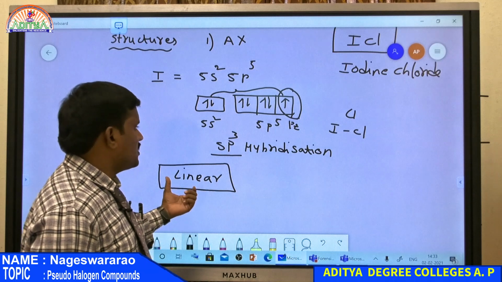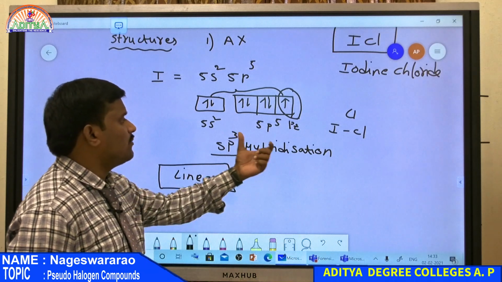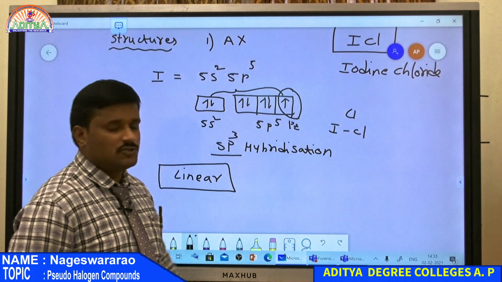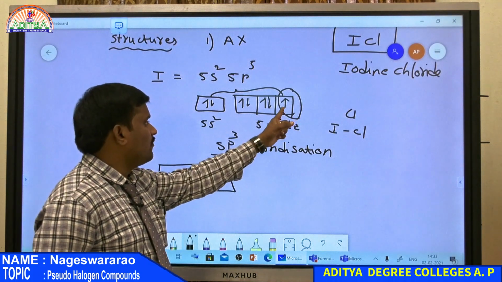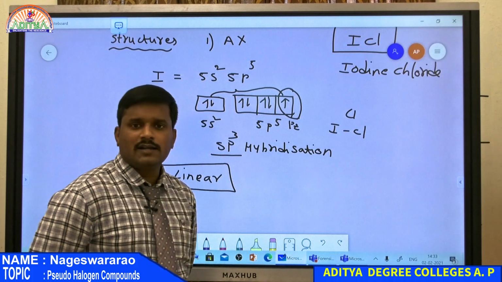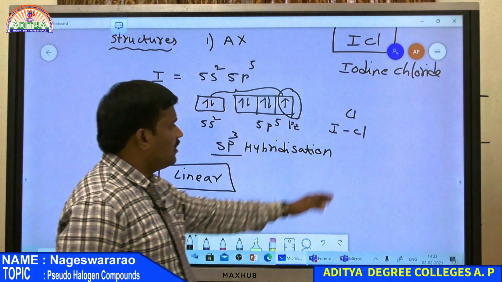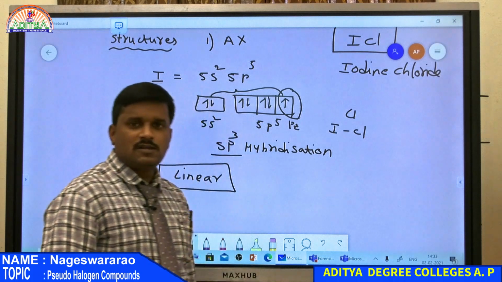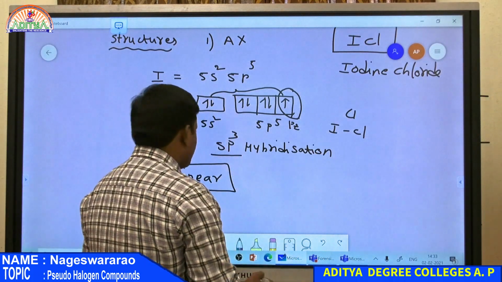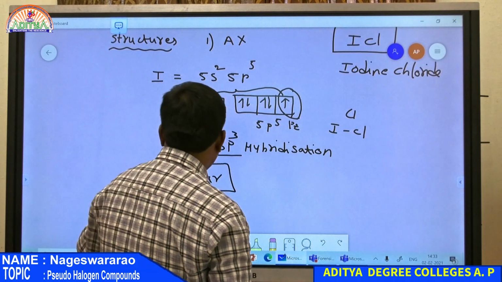The linear structure is due to the sigma bond formation between iodine and chlorine, from the bonding between one electron in the pz orbital of iodine and one electron in the pz orbital of chlorine. This bond formation can also be explained in terms of electrons.